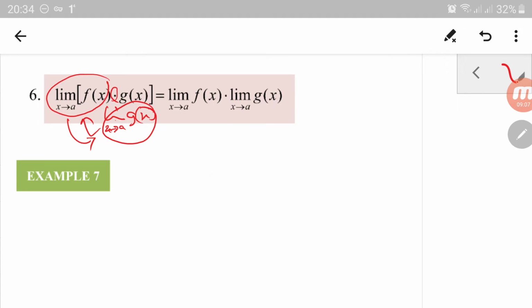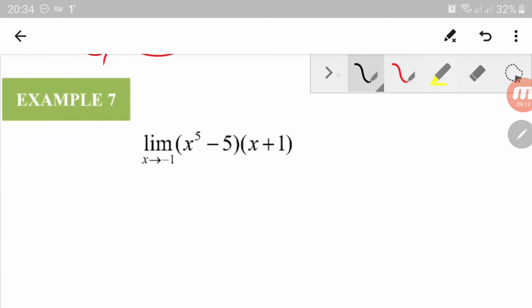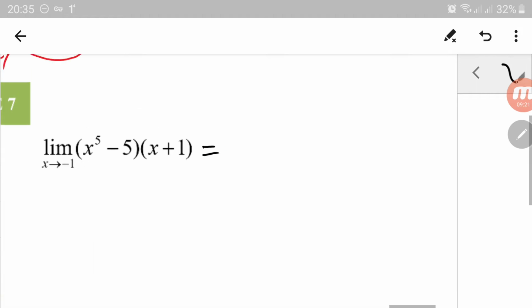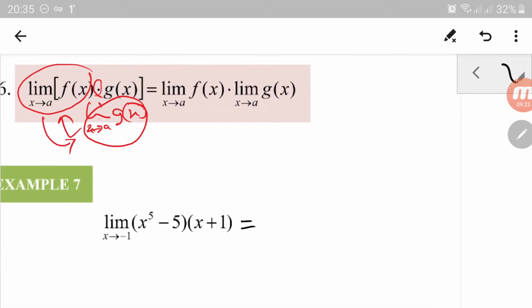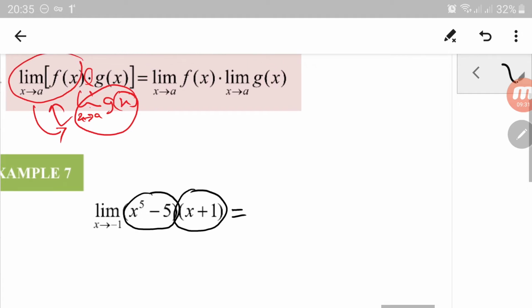So look at the example like this. The solution is down there; I just hid it in white color. As we can see here, we can find the limit of each individual function. This is the first function, f(x), and this is the second function, g(x).